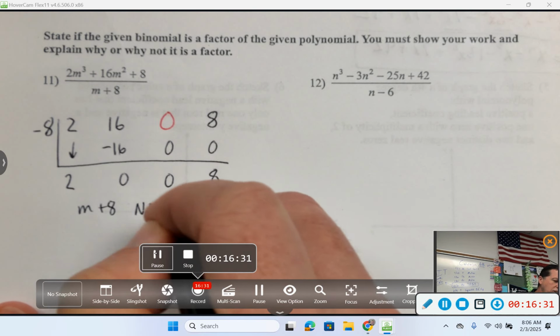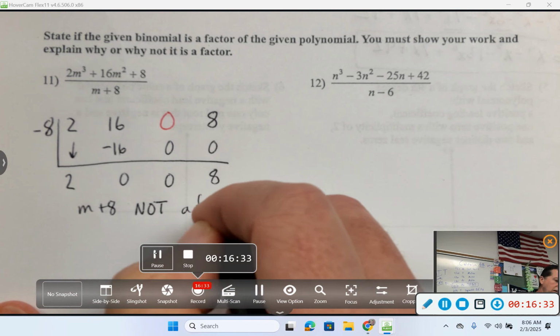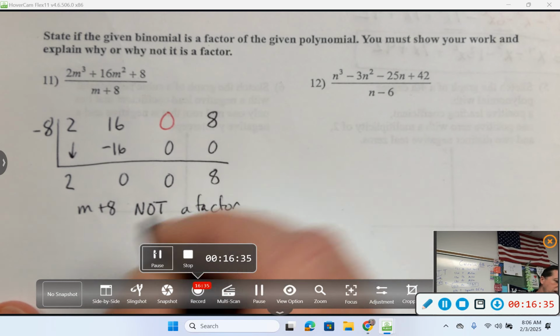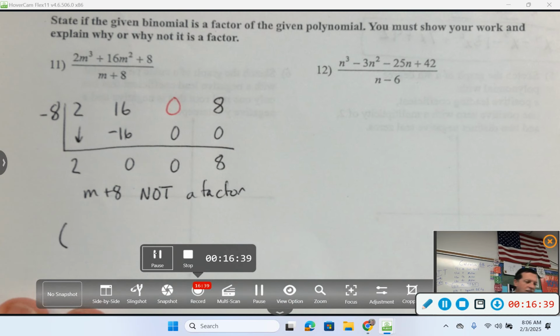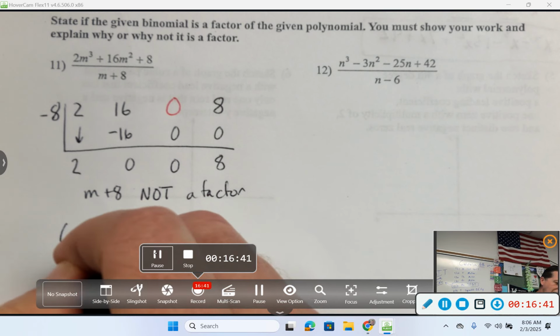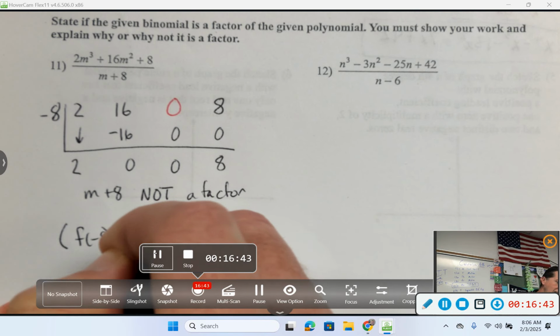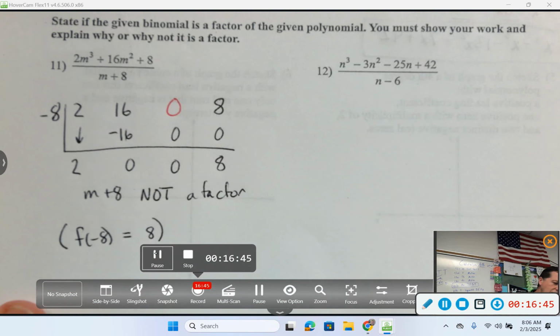The question was, is it a factor? x plus 8, not a factor. But then, parenthetical side note from Cooper, that would mean that f of negative 8 equals 8. That is true. It didn't ask that, but we could ask that. That factor, remainder, answer thing, they all fit together.